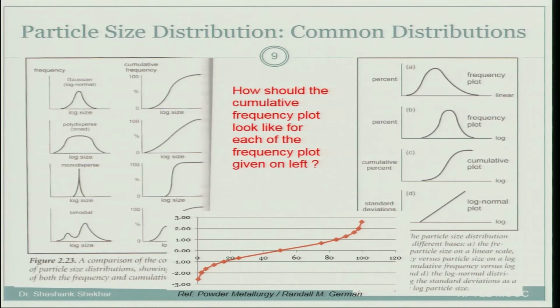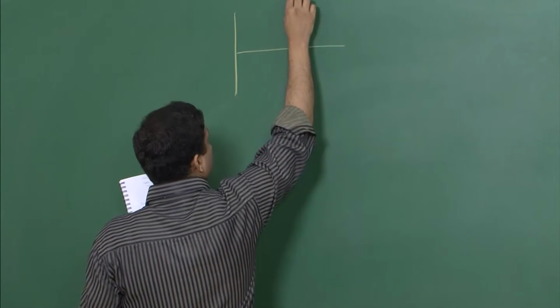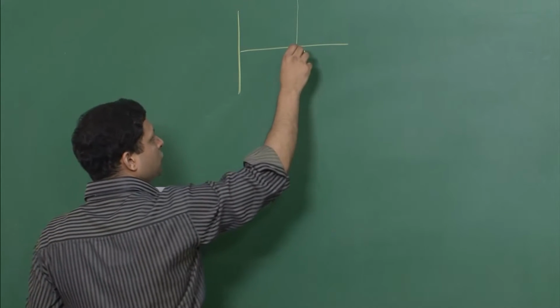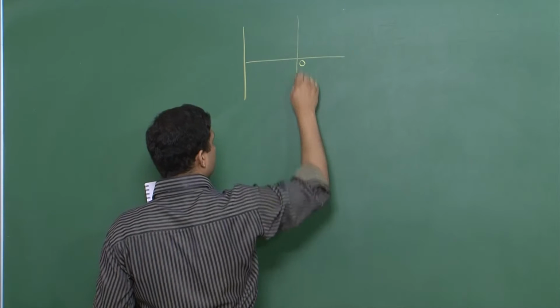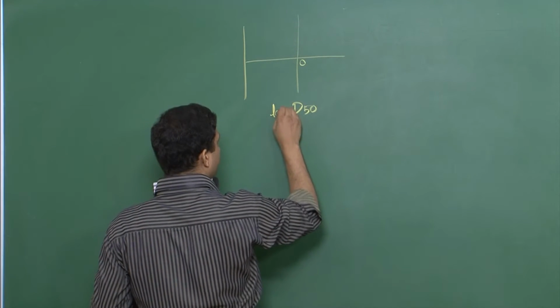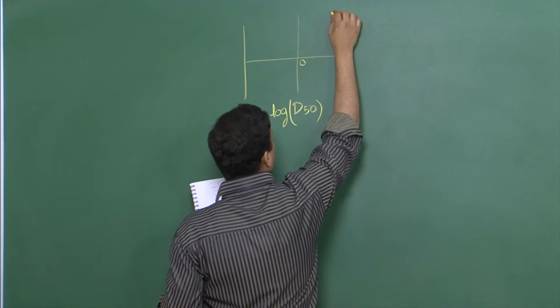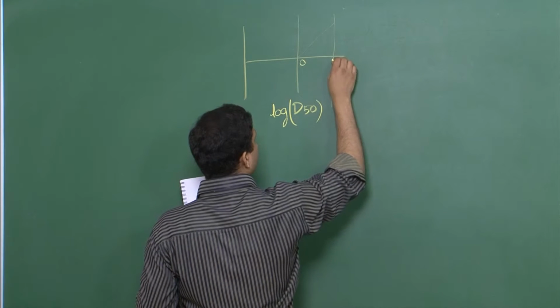Now, if you know this fact, and this will be true whenever you have a normal, or in this particular case log normal distribution, we can use a relation like this. So, now what we are saying is that this is the mean, corresponding to D50, actually log D50 to be precise, and like I said, somewhere over here you have 90% data.